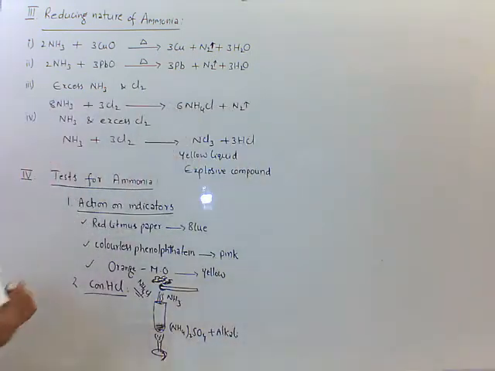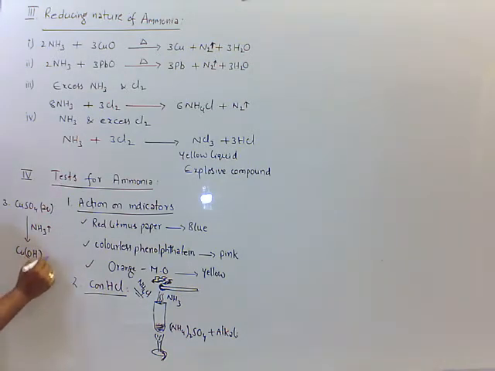Third one is with copper sulfate solution. Through this copper sulfate solution, when we are sending ammonia gas, we get cupric hydroxide precipitate.